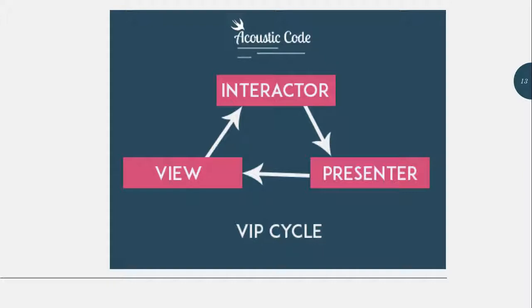We all know when we start the project, the first thing which is loaded is the app delegate. We have nothing to do with the app delegate now. The second thing would be the launch screen. The third thing would be the view controller. Here, the view is the view controller. The first thing loaded by the view controller is the view did load, or the setup which you initiate.